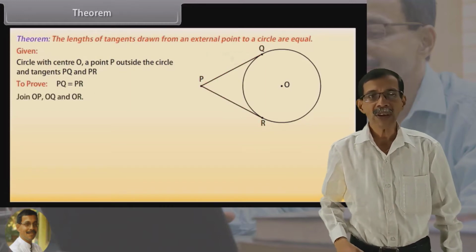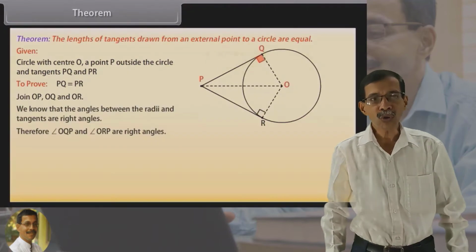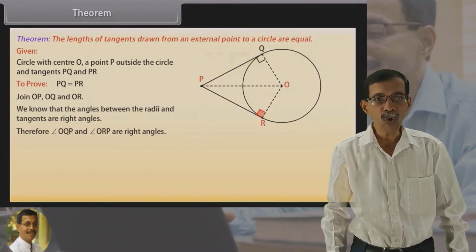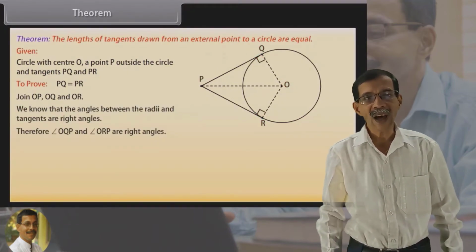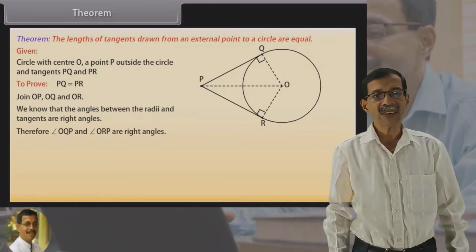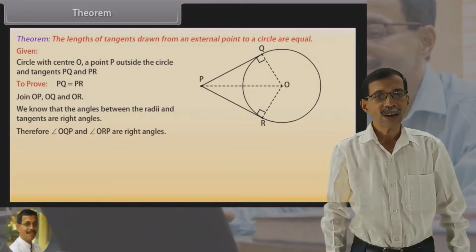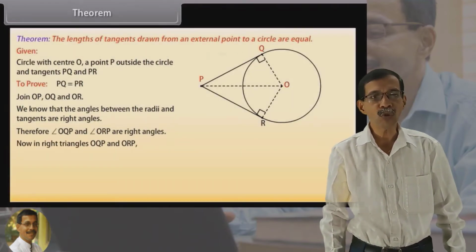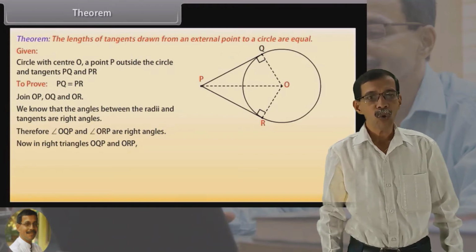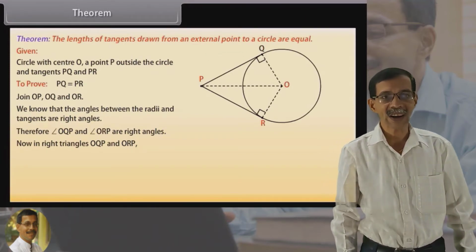So join OP, join OQ and OR. Now angle OQP and angle ORP are two right angles because the radii and the tangents are at 90 degrees. Then consider triangle OQP and triangle ORP. These two triangles are right angle triangles.